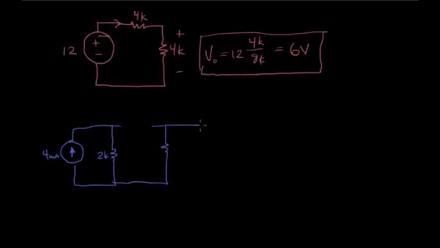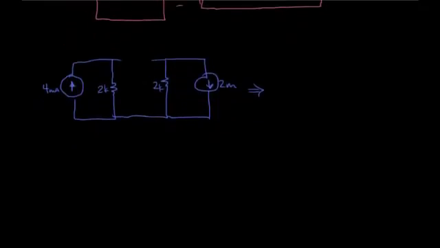And now I have a circuit that looks something like this. Well, now I could go ahead and convert both of these into voltage sources. And you'll see what falls out of this.